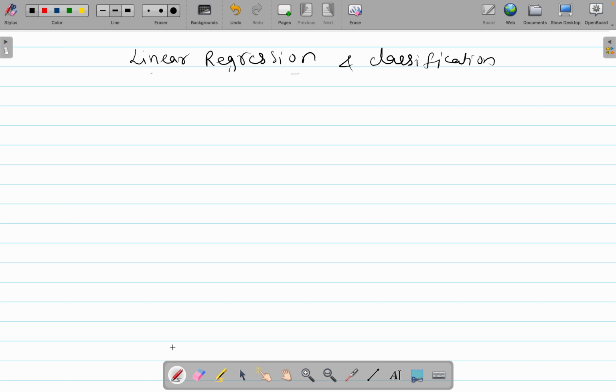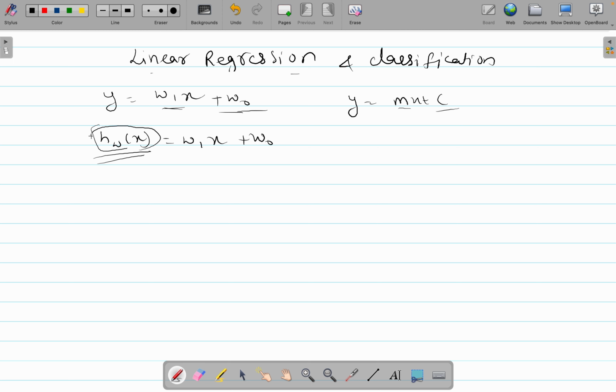Here we will define w as a vector of w1 and w0. If I put it in formula form for linear regression, I will write this as w1x plus w0. This denotes what my expected output is, where we are using a hypothesis on x to get an output y.